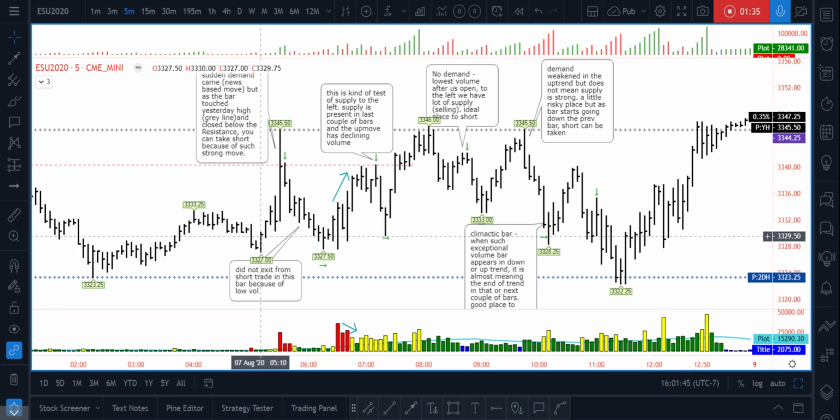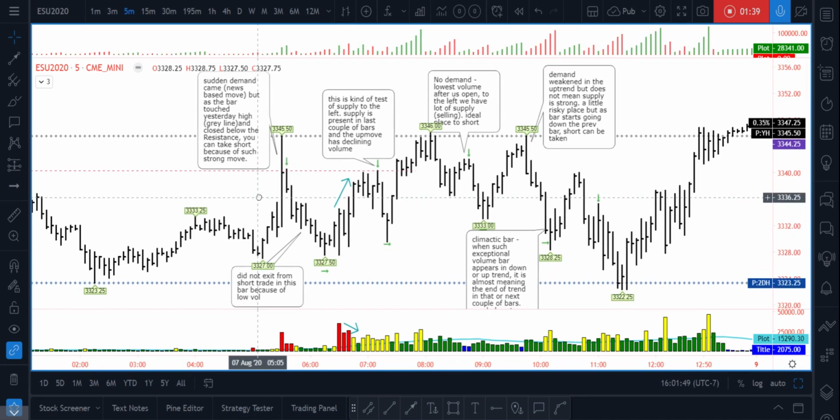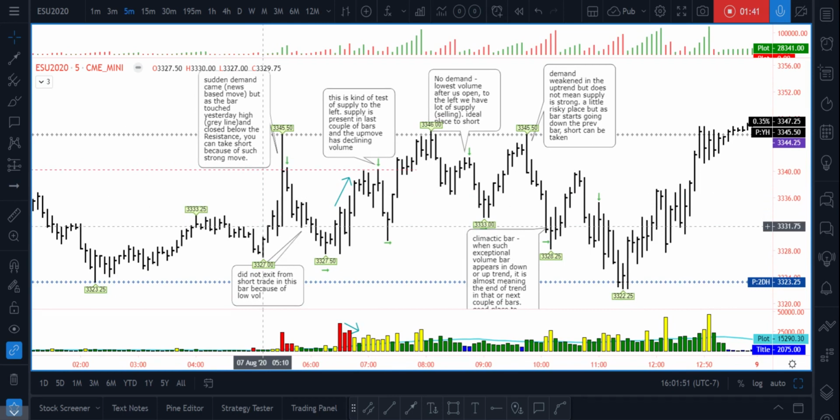So in the morning, around 5 Pacific time, a little demand appears. See this one? It starts going up, and suddenly the selling appears. By this time, it's basically rejecting a swing high, but the background has a little demand.